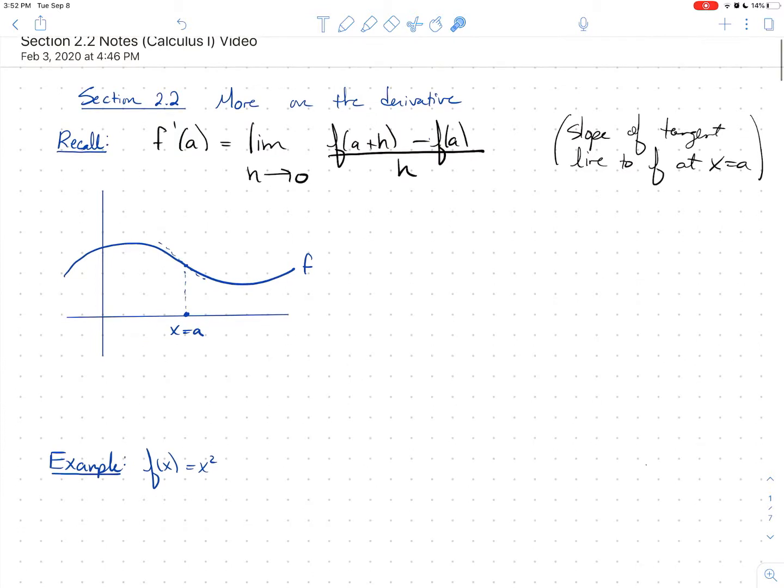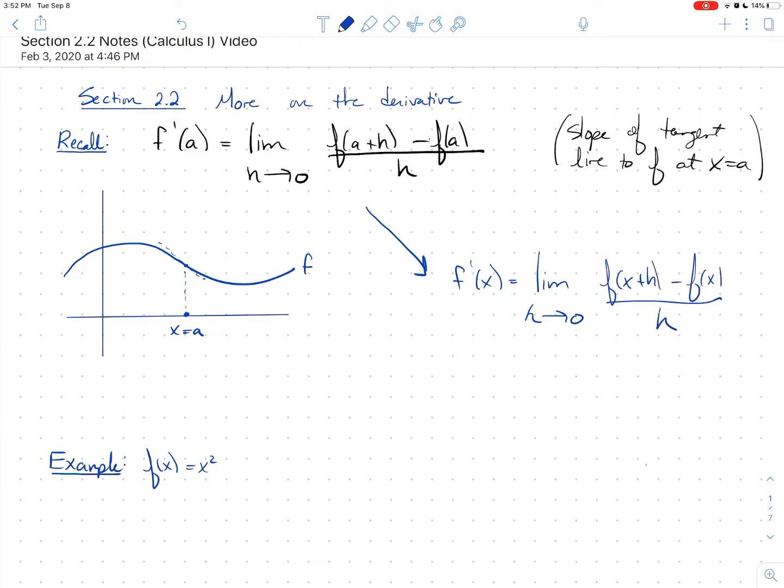So basically in this formula, I'm going to replace the a's with x. So now you pick your x, and we're going to compute the derivative at x. And so the new notation that we're going to use is f prime of x is the limit as h goes to 0 of f of x plus h minus f of x all over h.